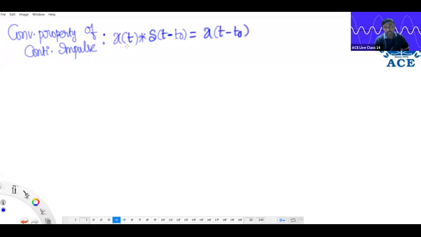Any signal means x of t. If you are convolving by a shifted impulse, the respective signal is shifted by that much amount. Directly, in place of t we are substituting t minus t naught in the signal.